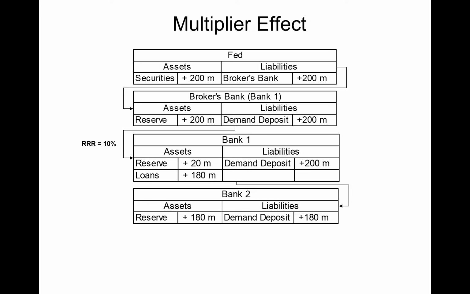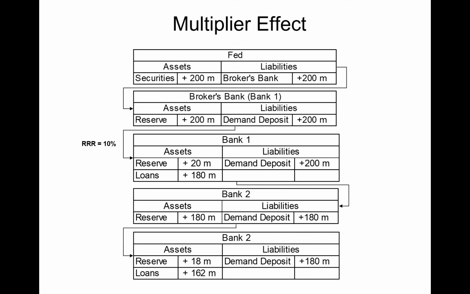Since the required reserve ratio is 10%, or 18 million, Bank 2 will keep the 18 million and loan out the remaining 162. So 180 minus 18 is 162. The new deposit in Bank 2 is 180, but it has given out a new loan of 162 million. And this process continues indefinitely.